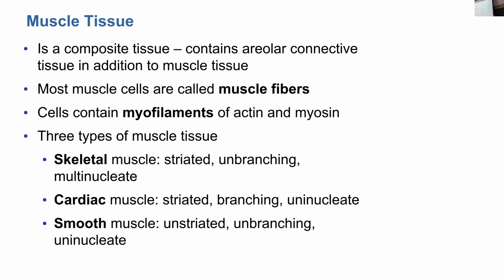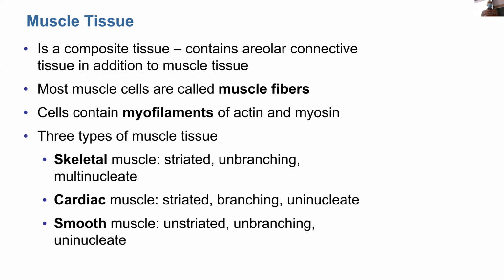So if you see myo in front of a word, that means it's related to muscle. It actually comes from the root for like mouse, I think, because when you flex your muscles, it kind of looked like, I don't know. But anyway, myo means muscle. So these are just muscle filaments. And there's two kinds, actin and myosin.